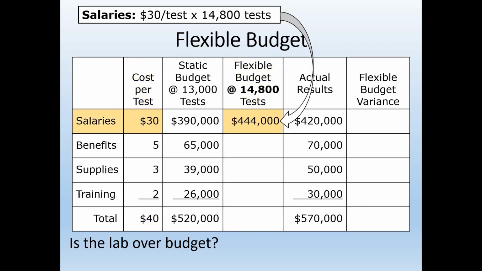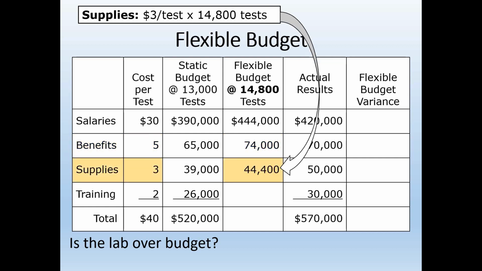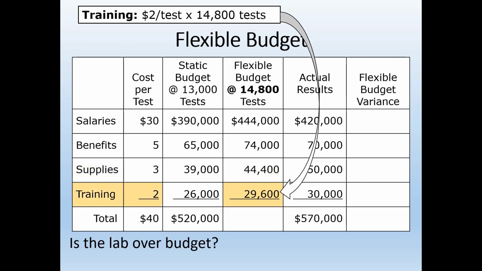So we multiply $30 of salaries per test times the actual number of tests. We multiply $5 of benefits times the actual number of tests, and $3 of supplies per test times the actual number of tests, and $2 of training times the actual number of tests.